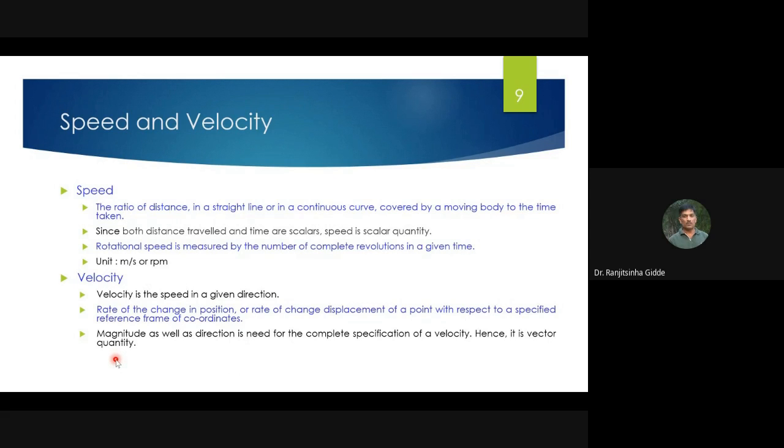And you can write, magnitude as well as direction is needed for the complete specification of a velocity.